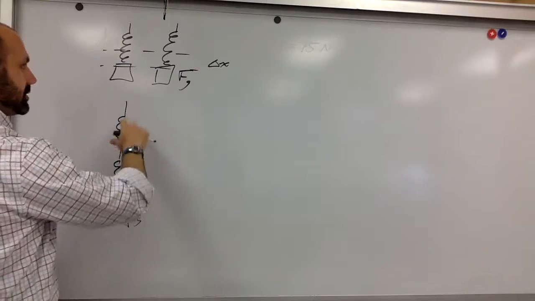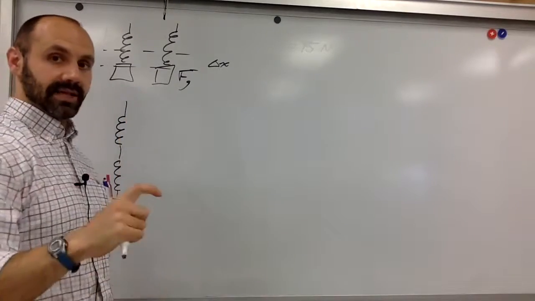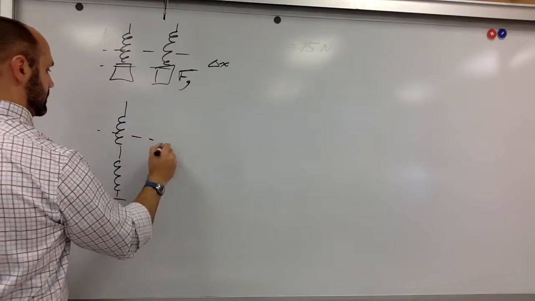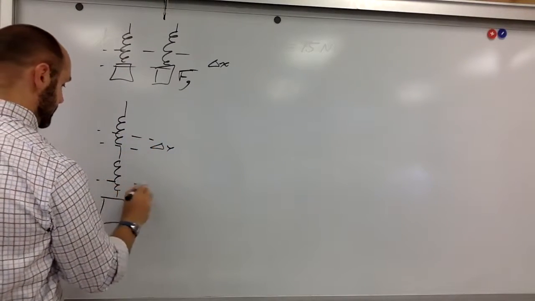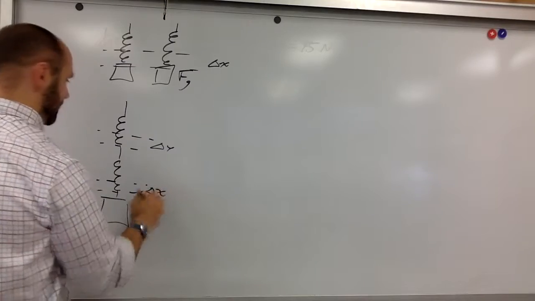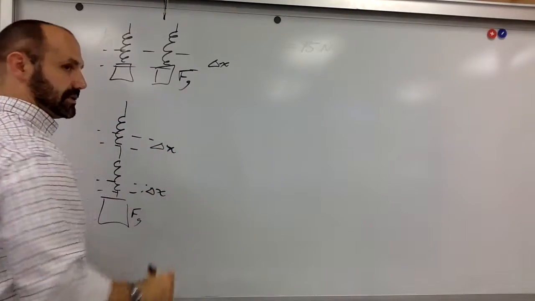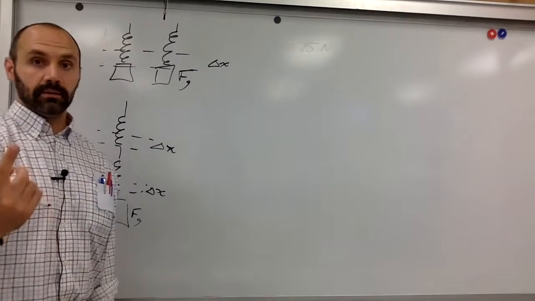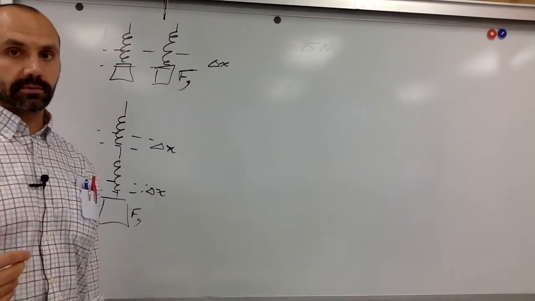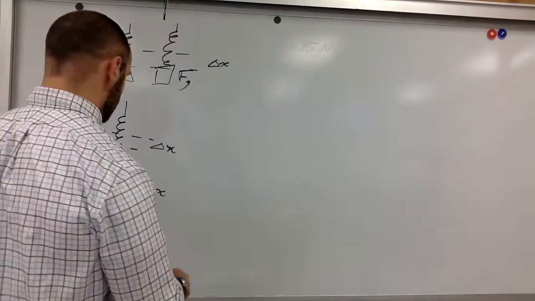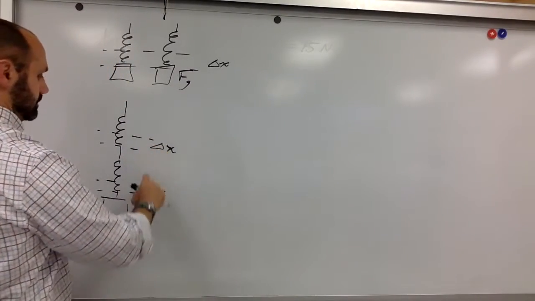So that means they're both experiencing that same force now. The tension is the same in both of these, and that means I'm getting delta x plus another delta x down here. By putting the springs like this in series, what's happening is I'm actually making one now weaker spring. So I'm going to get a smaller spring constant. But let's see how we can do that.